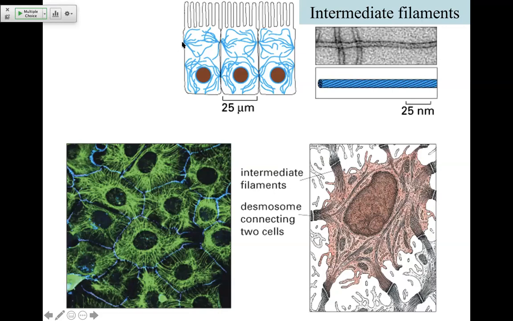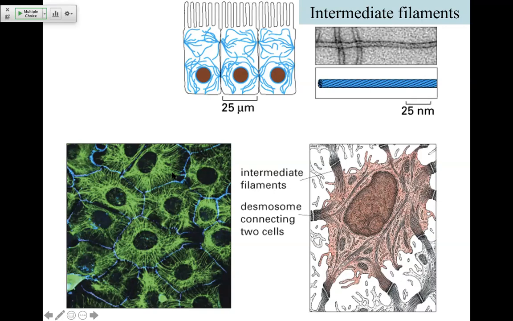Notice in some cases they actually can extend across the length or the width of this cell. If we look down on a sheet of epithelial cells, we find them in epithelial layers, and what's labeled in green are these intermediate filaments extending out towards the periphery.